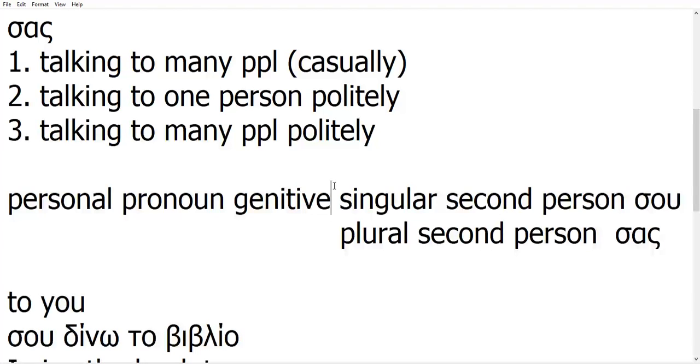There are other words, like in many other languages, that you can use to show this politeness, but you cannot just do it by using the second plural, because it would be exactly the same as if you are talking to many people casually. Okay, and that's it.